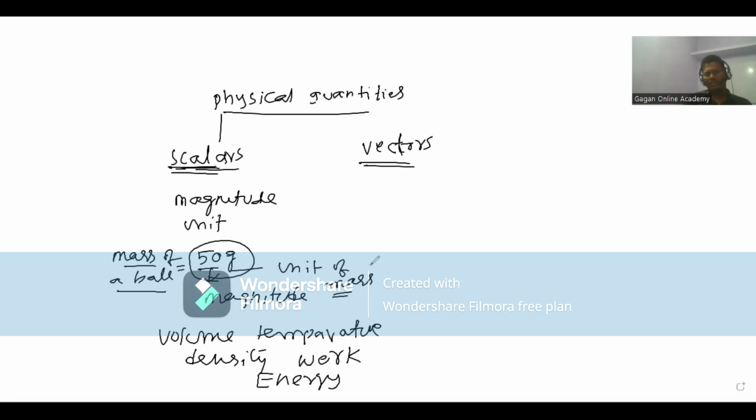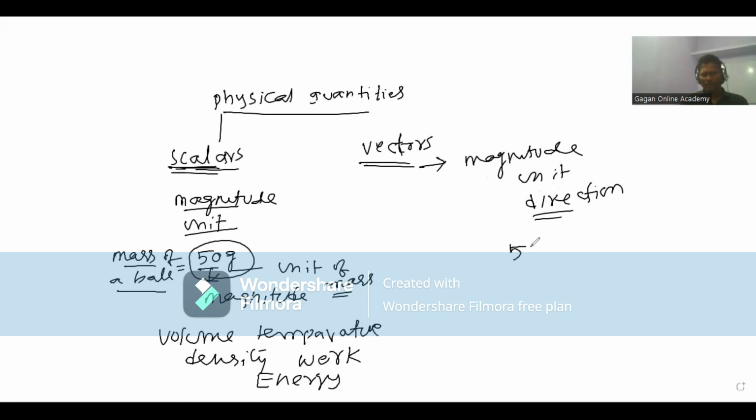For some quantities, we require not only magnitude and unit, but also direction. These quantities are called vectors. For the description of vectors, we need magnitude, unit, and direction. For example, if I say a force of 50 Newton acting on a body, one force is applied on this.